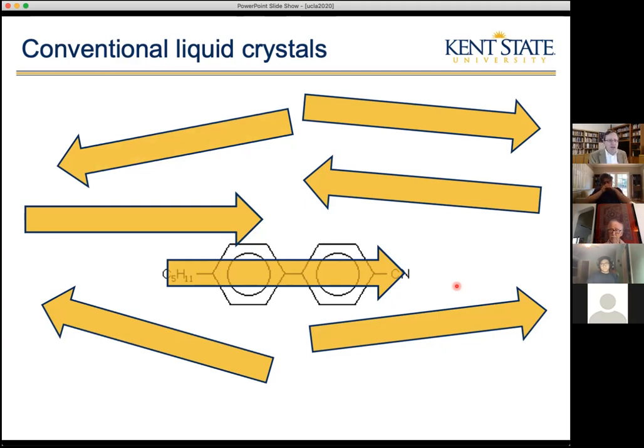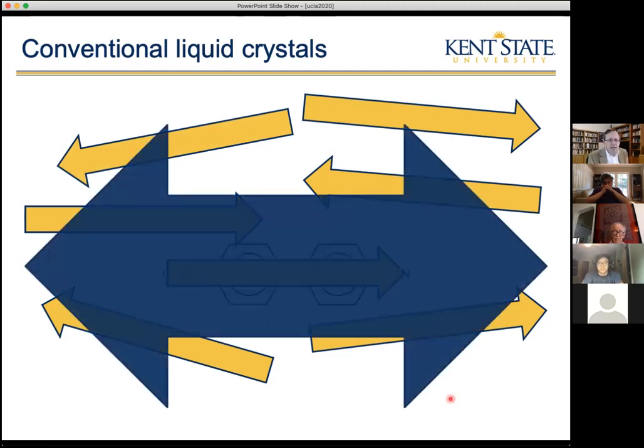And in the most common liquid crystal phase, called the nematic liquid crystal, these arrows tend to align like magnetic order in a ferromagnet, but they're not just pointing in one direction, they're pointing back and forth along some axis. And so that's what's illustrated in this ensemble.